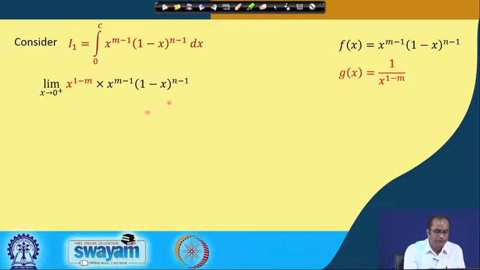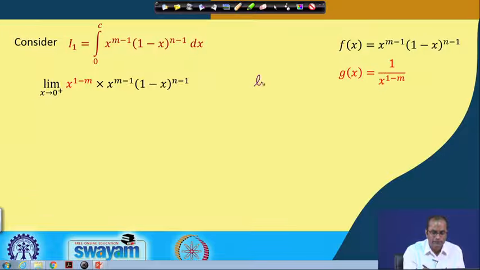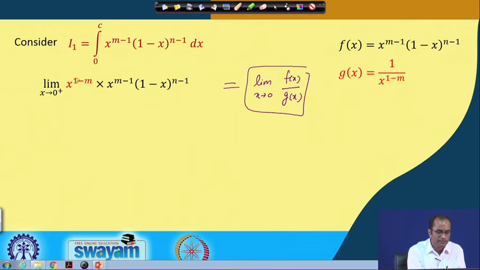So, if we take that limit, we are taking the limit as x approaches 0 of f x over g x. This is equal to x power 1 minus m, which is 1 over g x, multiplied by x power m minus 1 times 1 minus x power n minus 1, which is the f x function.